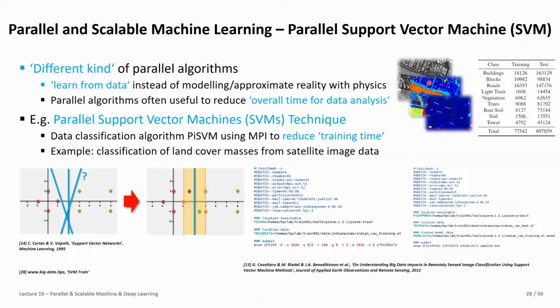So you would say this is water, this is a tower, these are trees, this is vegetation. Based on all these different colors, we want to create a machine learning system which is not anymore a two-class system like you have seen before, right? Iris setosa, Iris virginica, or do we fail or pass the food inspection? Now we are at a multi-class problem. We want to understand if each of these pixels is a building, a block, a road, light trains, etc.